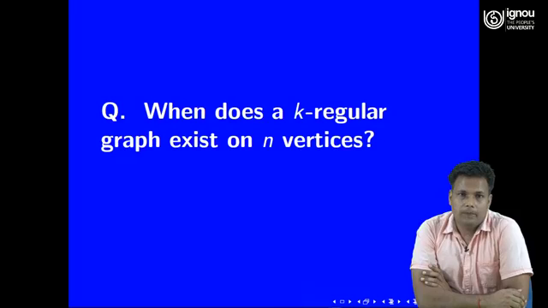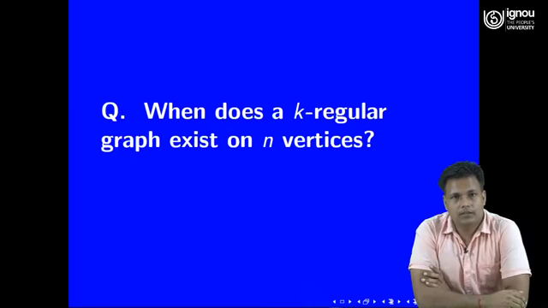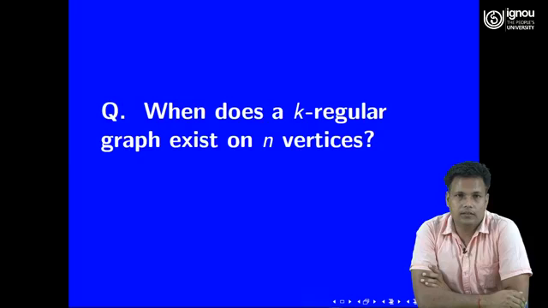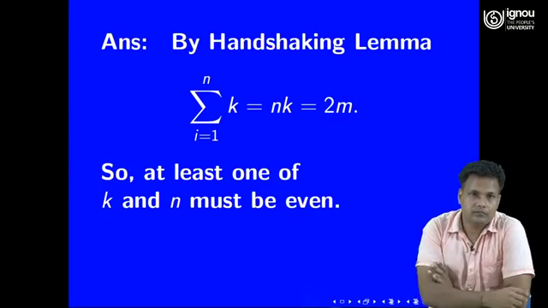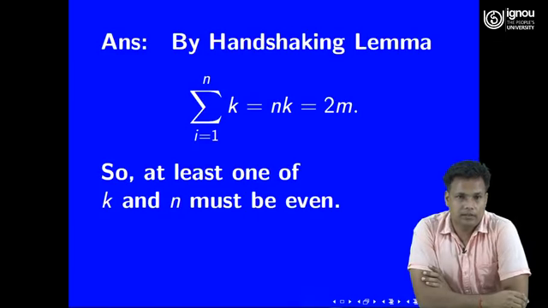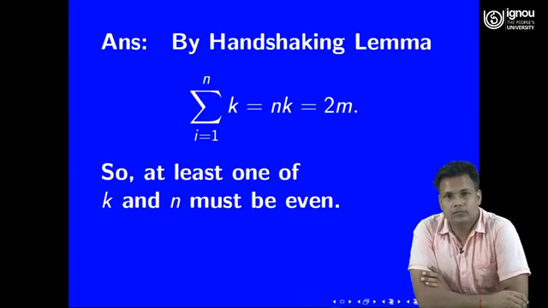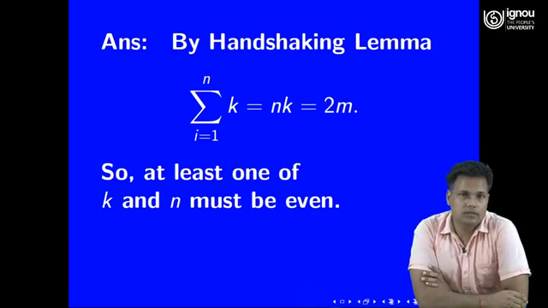Now there is a question: when does a k regular graph exist on n vertices? A k regular graph means each vertex has degree k and there are n vertices. If you apply the handshaking lemma, the sum of the vertex degrees from 1 to n, since each degree is k, comes out to nk, which is equal to twice the number of edges.